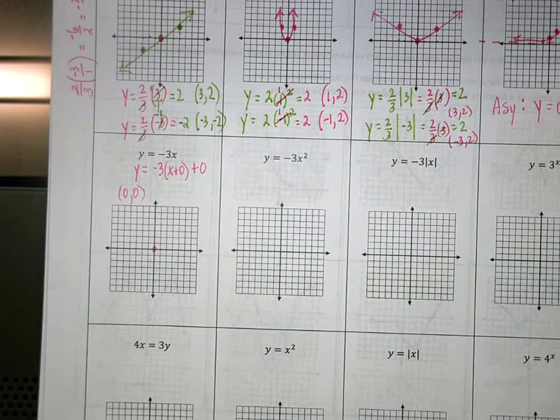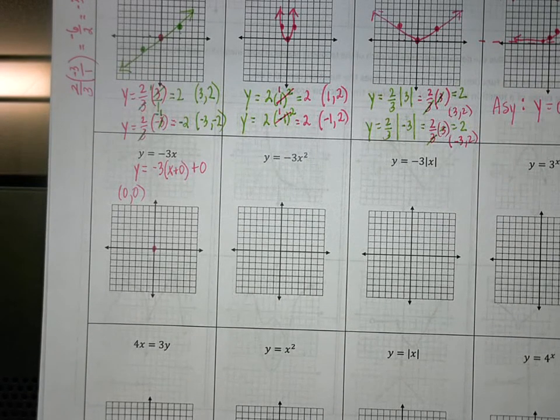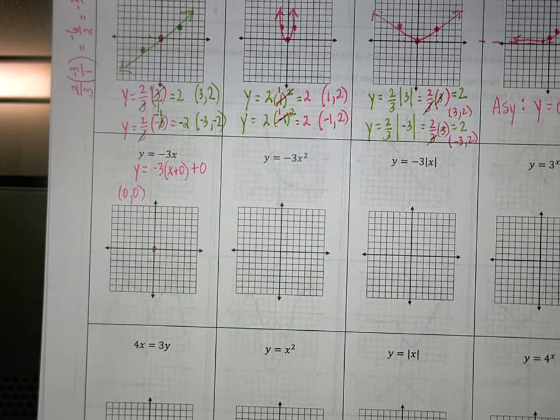Does anybody know a shortcut for this type of equation instead of plugging in points? Use what? How do I use -3? Very good. Do you remember what that's called? Very good.